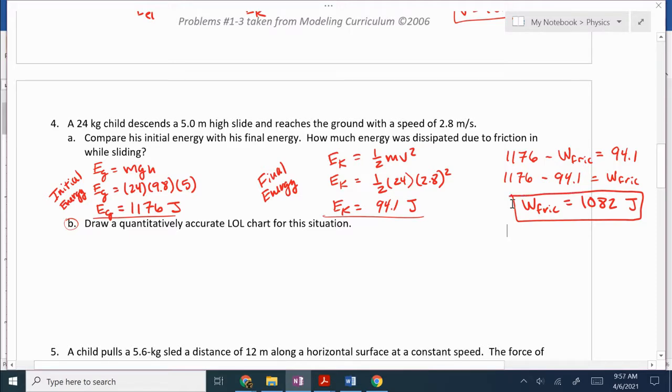Now draw a quantitatively accurate LOL graph. It doesn't need to be super quantitatively accurate, but let's see here.